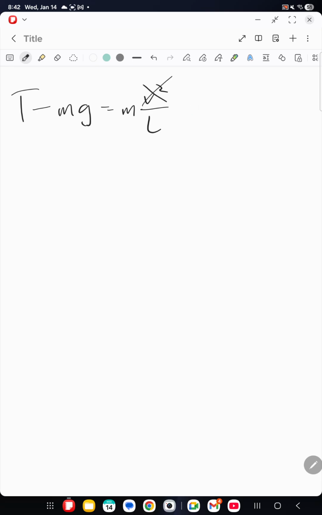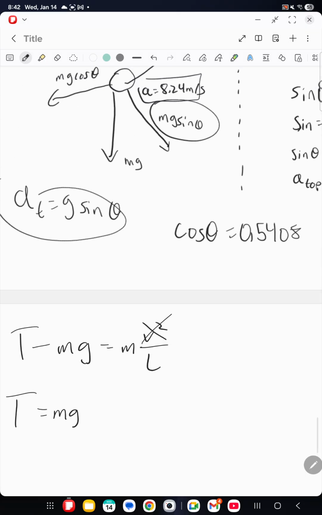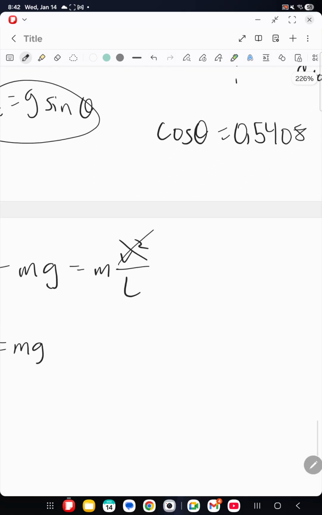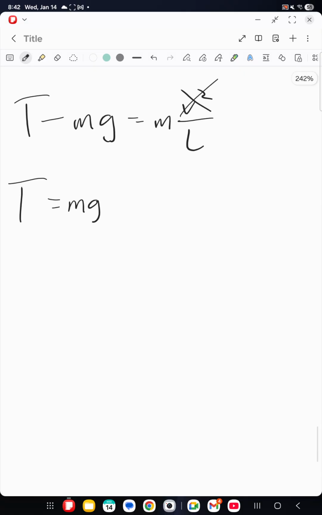This cancels out because this is 0. So in this case, you could use T is equal to mg. Before, you could not have used that; if you use that, it will be wrong. But here you can use it because speed is equal to 0. So you have to see if velocity is equal to 0 to see if you can apply this. And so you could easily know that the tension of the rope will just be 20 kilograms times 9.8, which is 105 newtons.